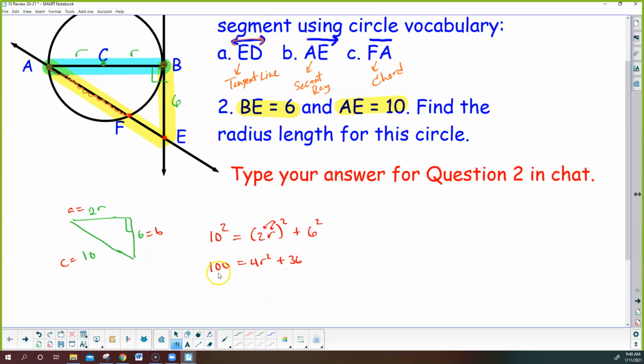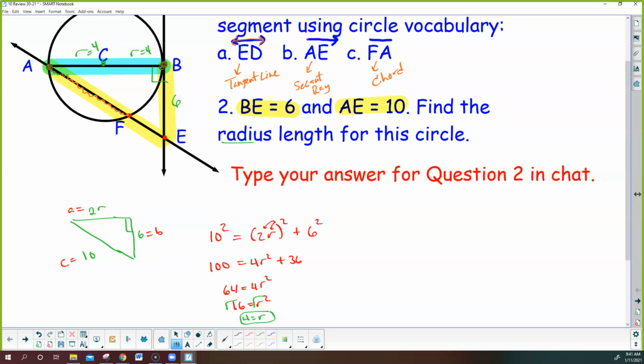And then we subtract 36 from both sides. That gives me 64. And then I have to divide by 4. And then I have to take the square root. So I end up with the radius. One of these radii is 4. And if they ask me to find AB, now notice they just said find the radius, so we're done. But if they ask me to find AB, it would be 8.